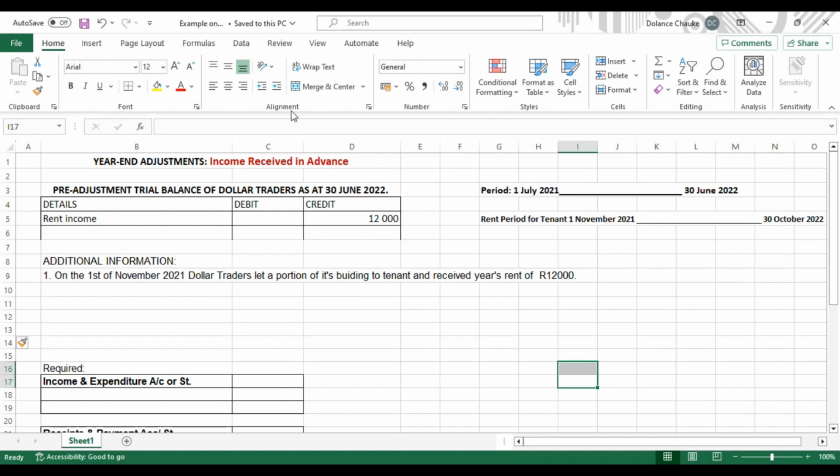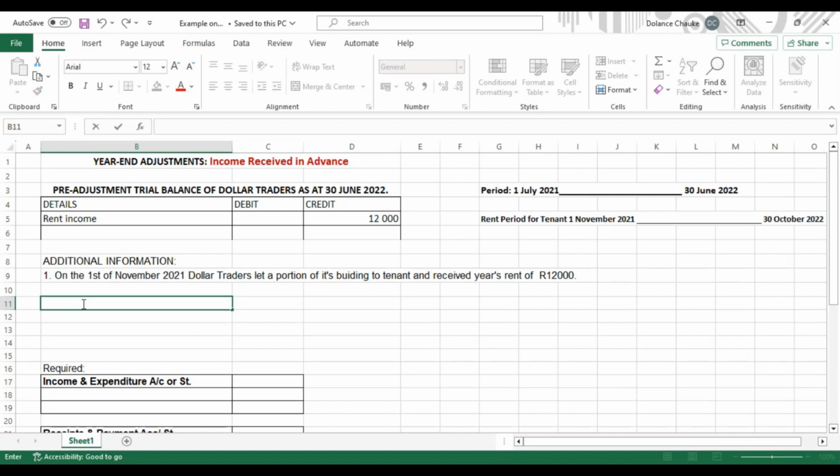So let's see how much is the rent for the 8 months within our accounting period. It is 12,000 divided by 12 multiplied by 8, and we get 8,000 rent.